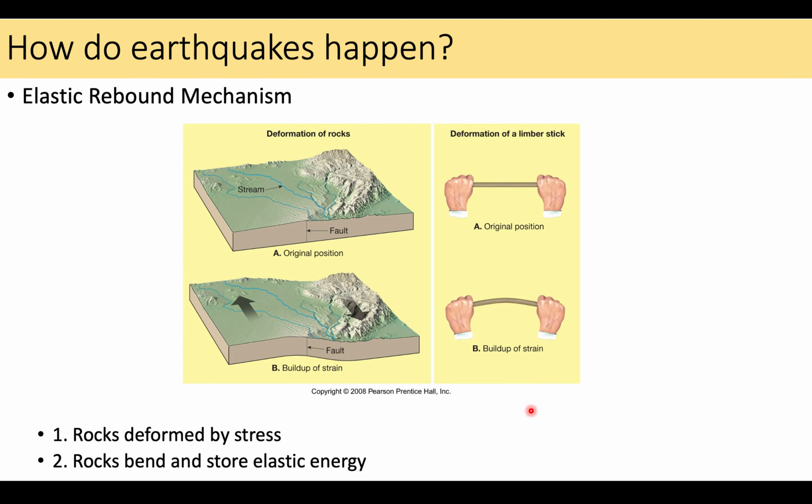You can hold it like this in position A, and then as you start to try and break this stick, you're building up strain. So this fault, as it is moving, as this right lateral strike slip fault, because this right side is moving towards us, as the fault is slowly moving, we're going to be building up strain on either side of that fault line.